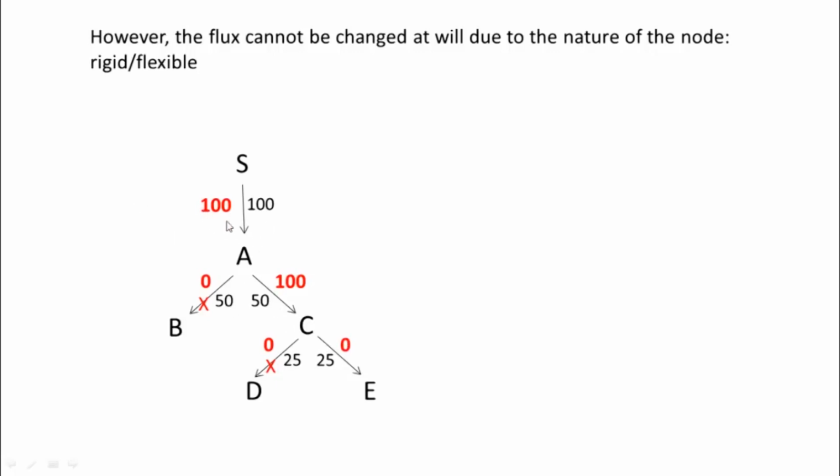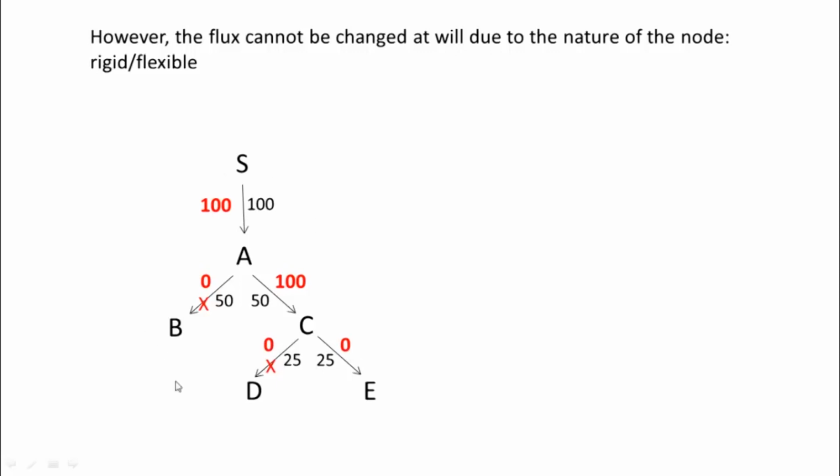Let us say that the fluxes on doing these 2 cuts turn out to be something like this. On cutting off these, the 100 becomes 0 here, but it is 100 here. Whereas by cutting off this, both these fluxes have become 0.